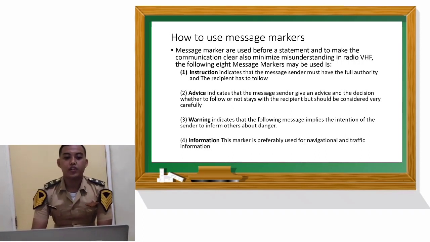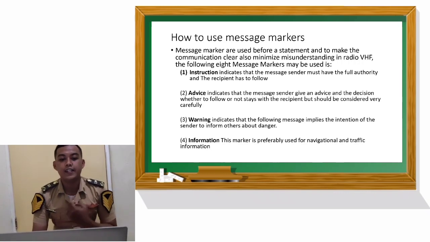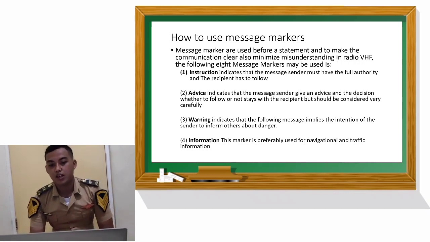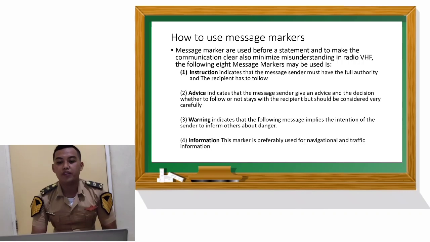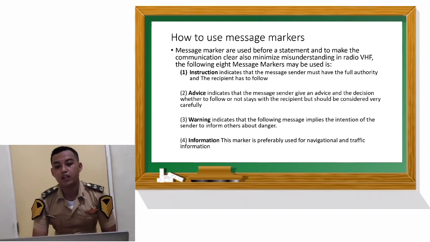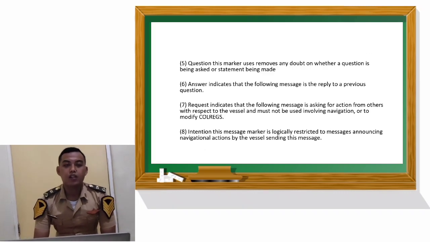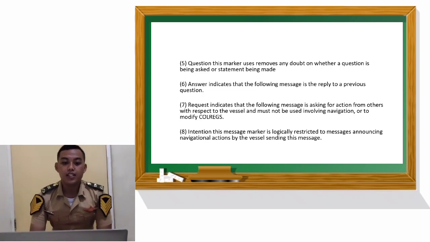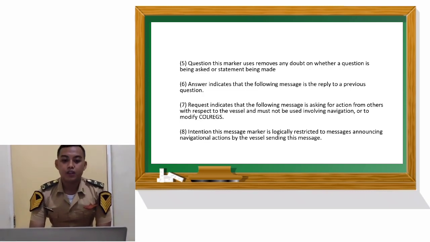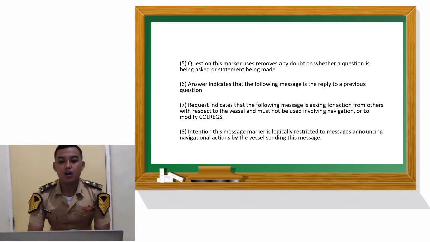Let's go into information. Information indicates that the following message is restricted to observed facts and situations. For example, information: motor vessel Seaborn will overtake to the west of you. Then question. Question indicates that the following message is of interrogative character.